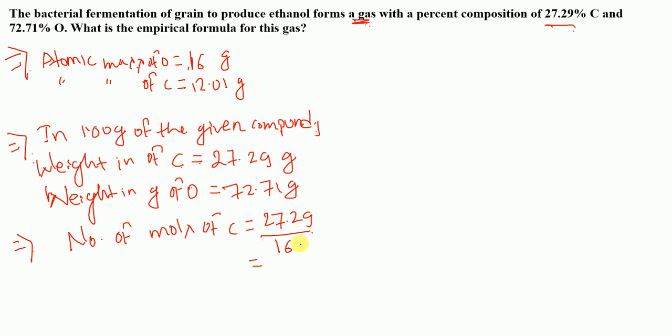So when we divide 27.29 by 12, we will get 2.272.